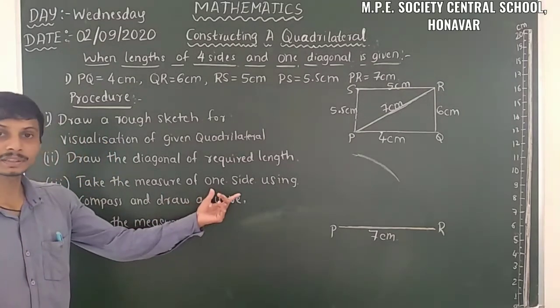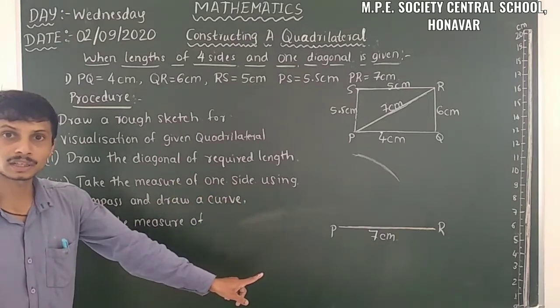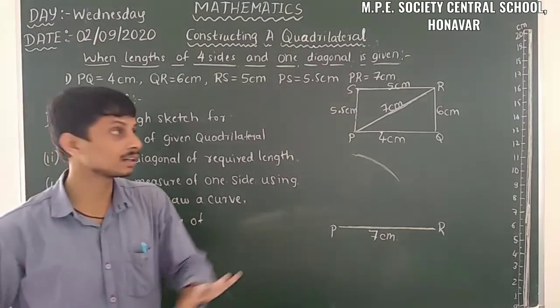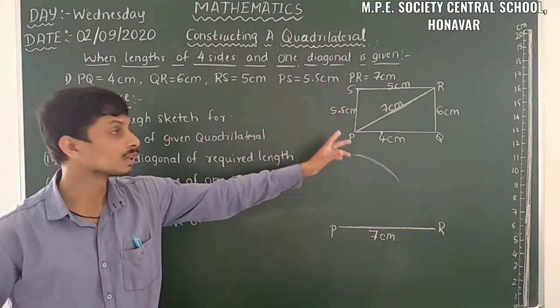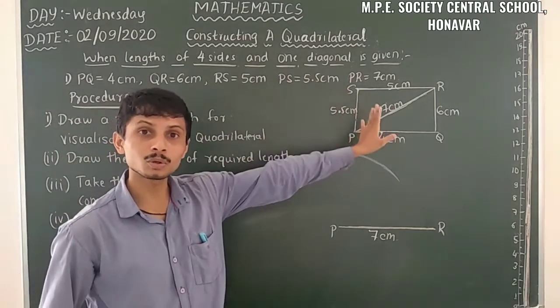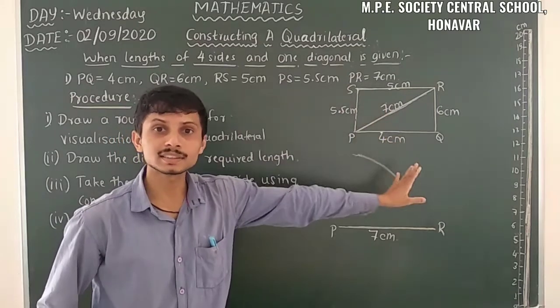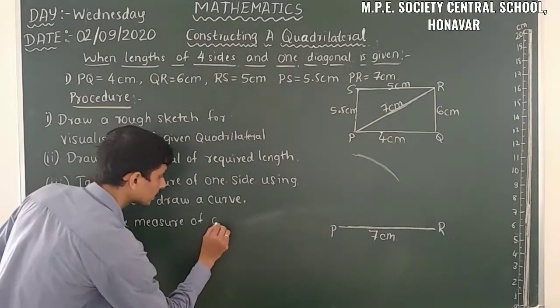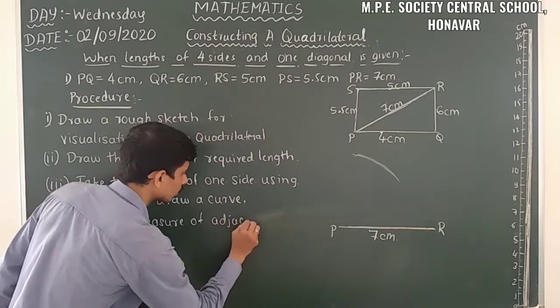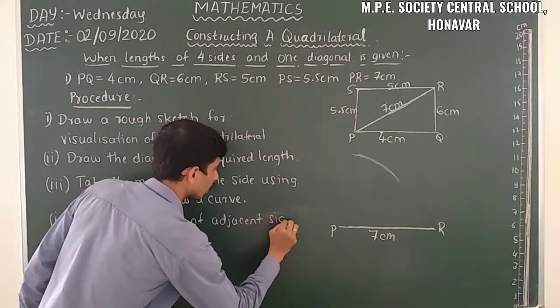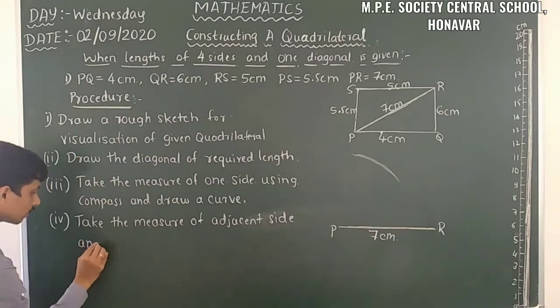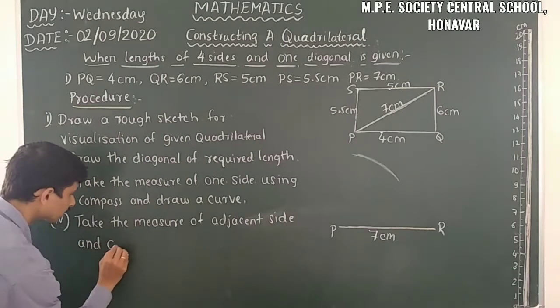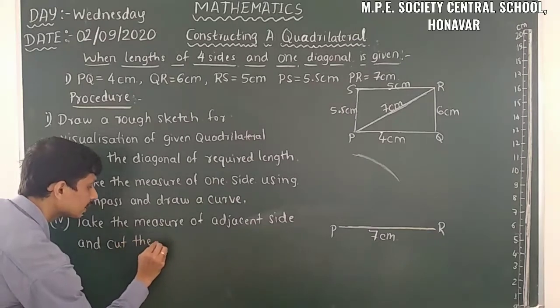Only above the diagonal, here I took above the diagonal only. So in the above diagonal we take one side, then we take the measure of the adjacent side and cut the previously drawn curve.